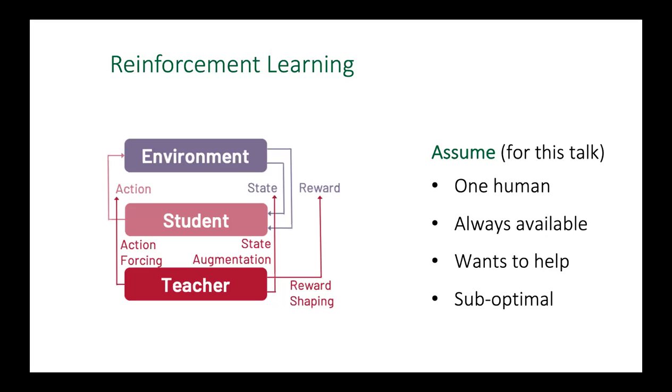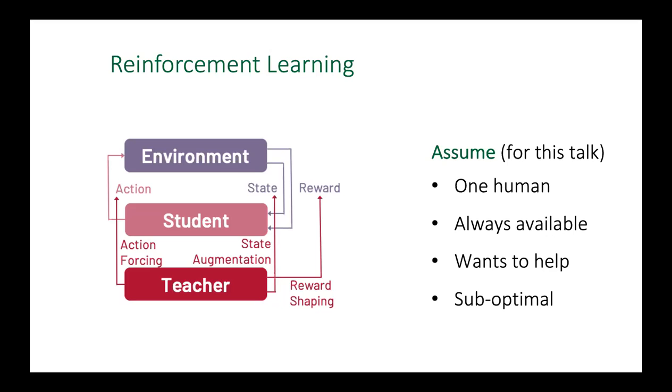And the teacher wants to help. You could, of course, come up with situations that are adversarial, and you need to figure out if the teacher is evil or not. We're going to ignore that. But I will assume that the teacher is suboptimal. So in my work, I'm very interested in looking at teachers that are not perfect. So we need to understand if and when we should outperform them.